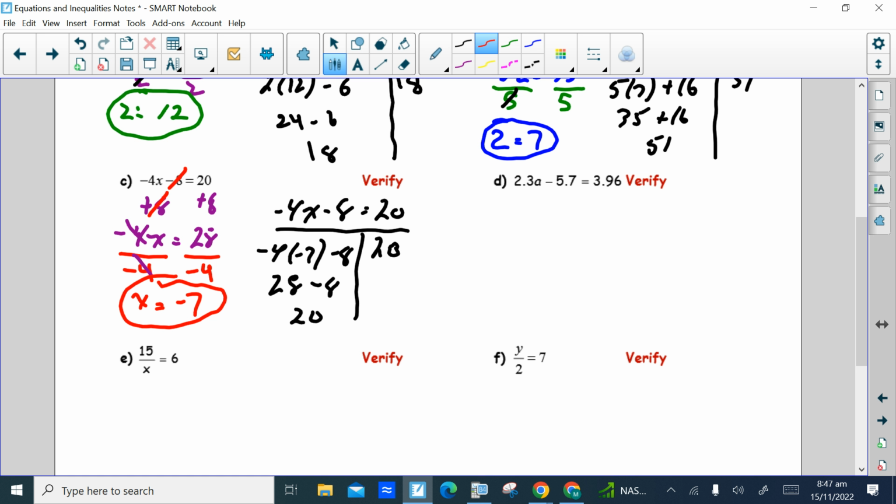Question D, first step, Jace. Yes, sir. First step. You agree with that, Princess? That's what he said. First he said subtract, then he said add. So add 5.7 to both sides.